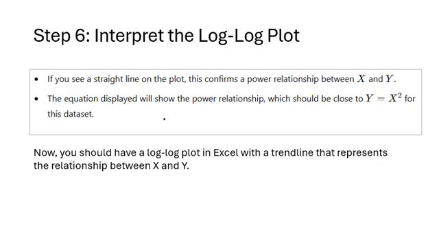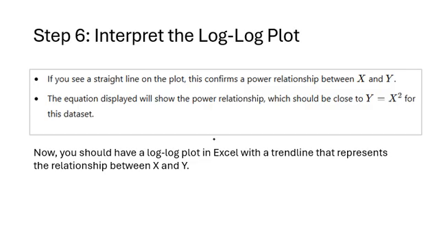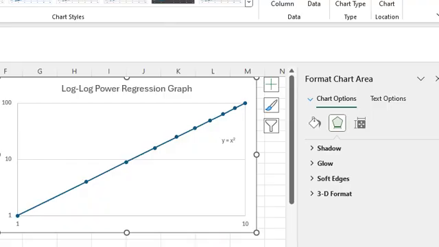And the last one is you can interpret the log plot. So if you see a straight line, and we saw a straight line, see that? That confirms a power relationship between x and y. So this is your x-axis, and then this is your y-axis.